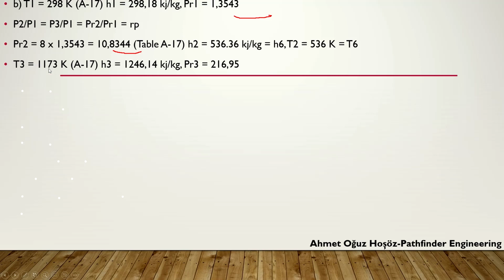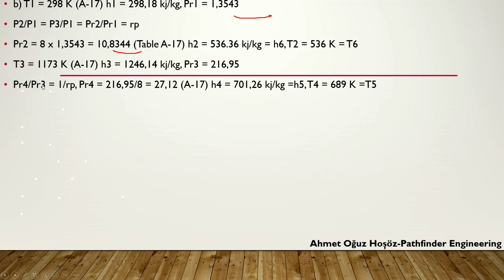Then we can determine T3 from table A-17 in the same way, and its enthalpy and Pr value are equal to these numbers. Then we can determine Pr4 according to our rp value. Looking at Pr4 in A-17, h4 and h5 are 701.26 kilojoule per kilogram, and T4 is equal to T5, which is 689 Kelvin.